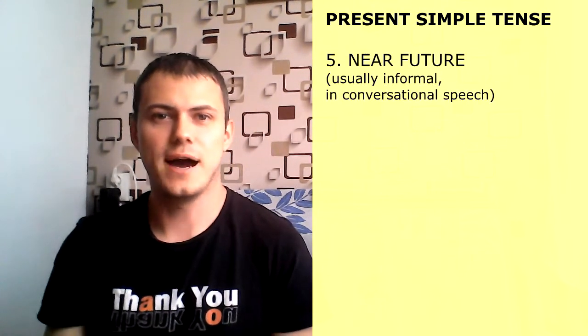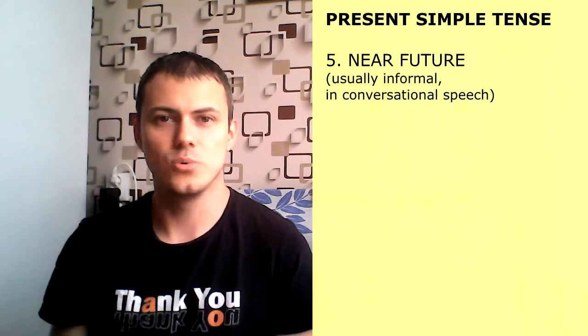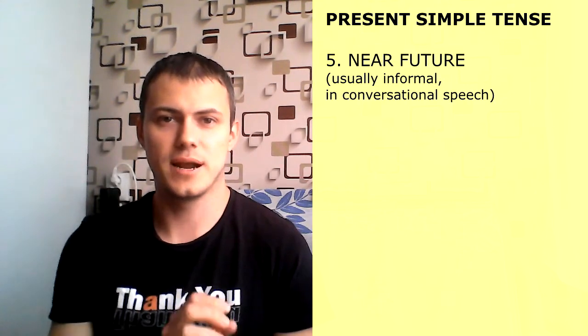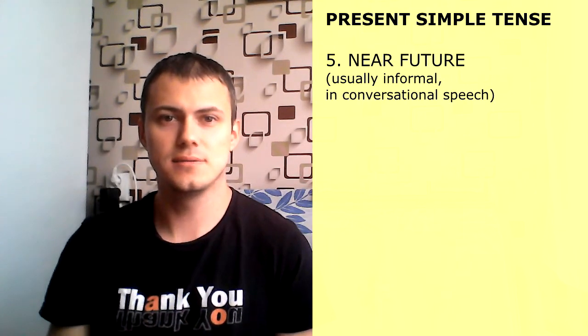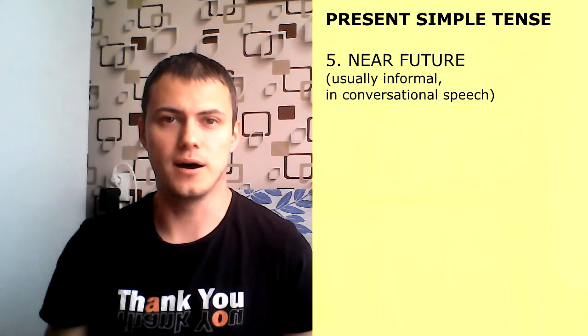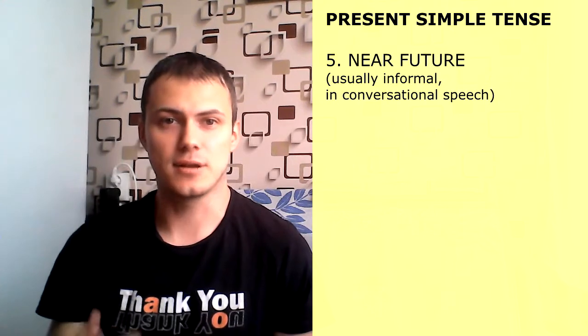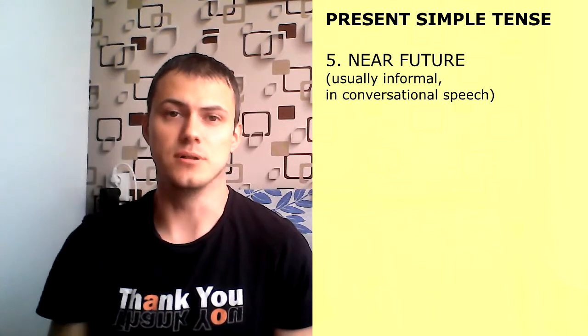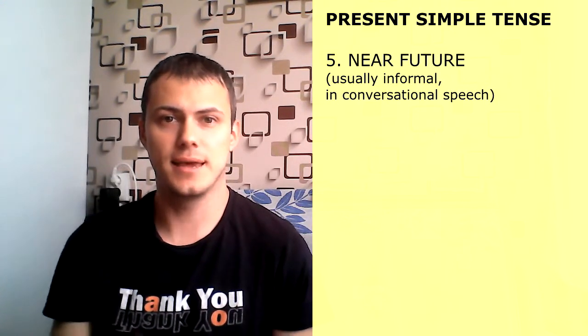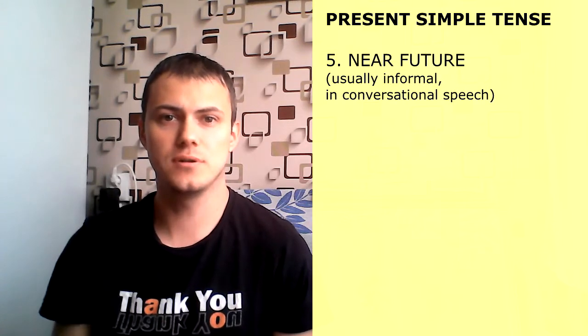So the final situation when we can use the present simple tense is when we talk about the near future. Yes, it can be a little confusing, but it's possible to do that, and native English speakers often do that.